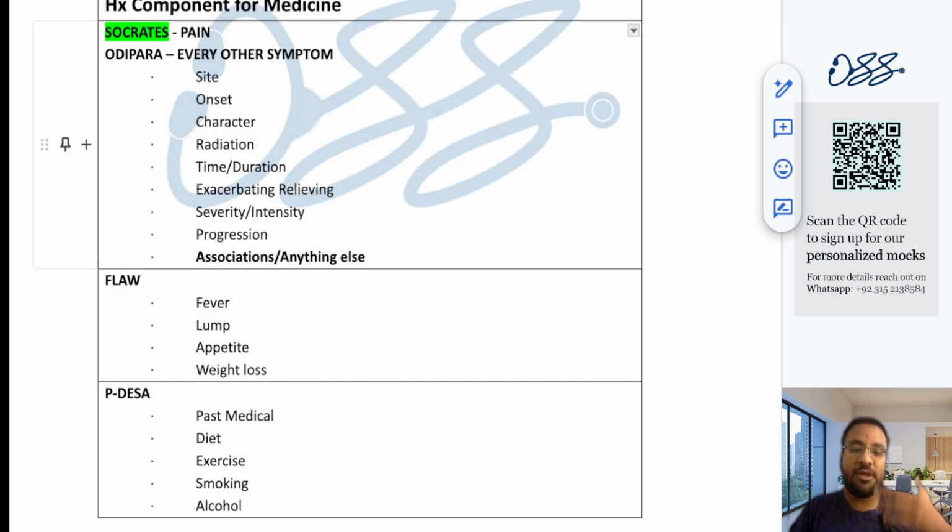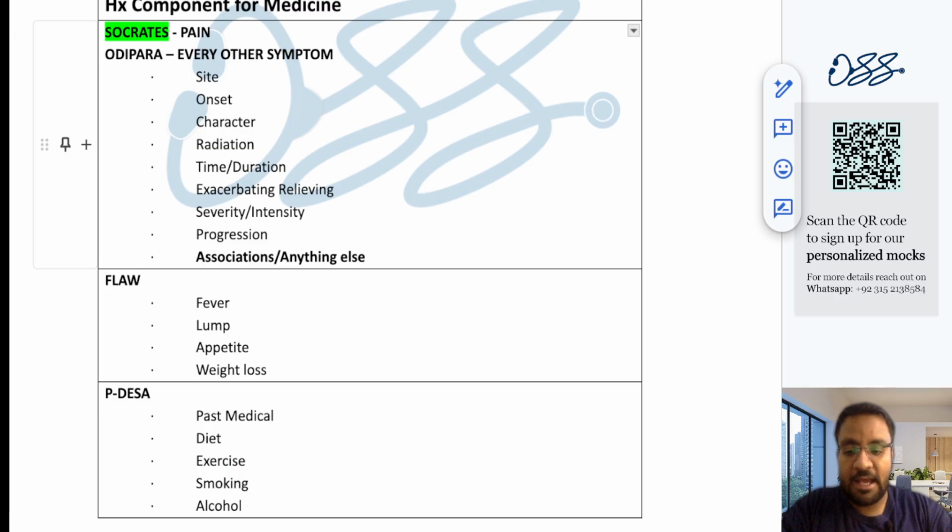I'm going to ask, by any chance does this pain go to your back as well? Instead of asking, does it go anywhere else, and then expecting the simulator to say, yes doctor, it goes to the back, and then I'll think, oh, it's an aortic dissection. So automatically your history taking, your data gathering, should be differential oriented. It has to be differential oriented.